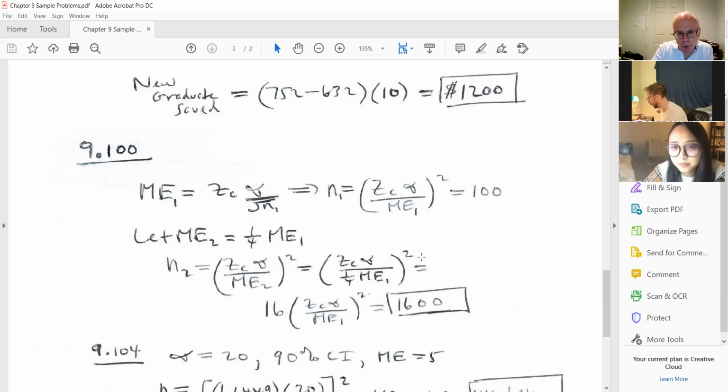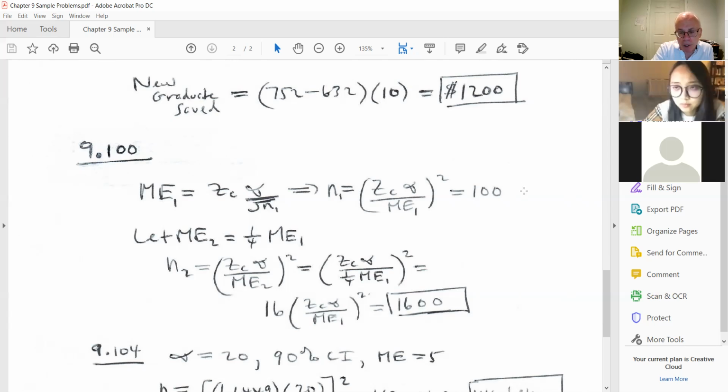And 4 squared is what? 16. And what is z times sigma divided by ME1, squared? That's 100. You just take the 100 and replace this square term with 100. 16 times 100 is 1600. Make sense? See how the algebra works?